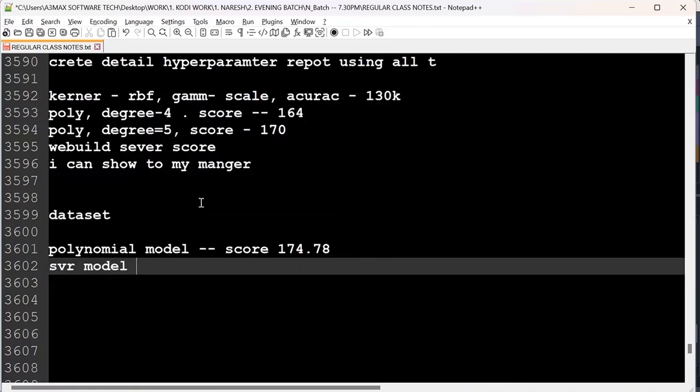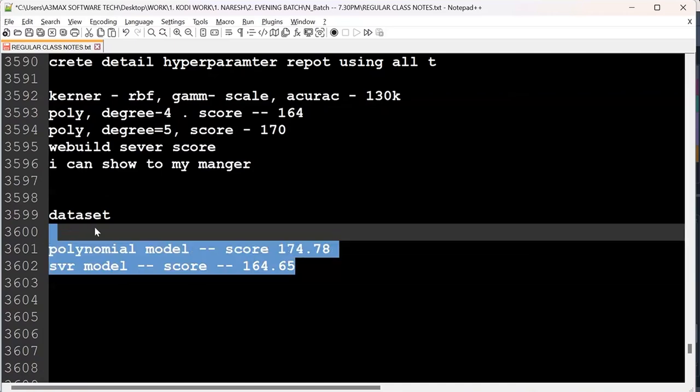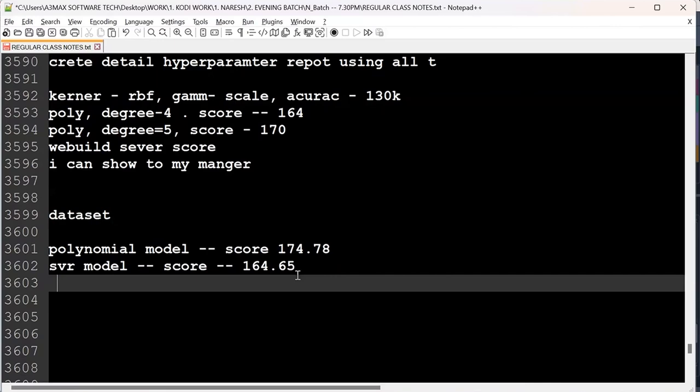Now the SVR model, we got a score, how much, guys? Let's assume 164.65. Out of the two models we implemented on the same data, which is the better model? Polynomial.